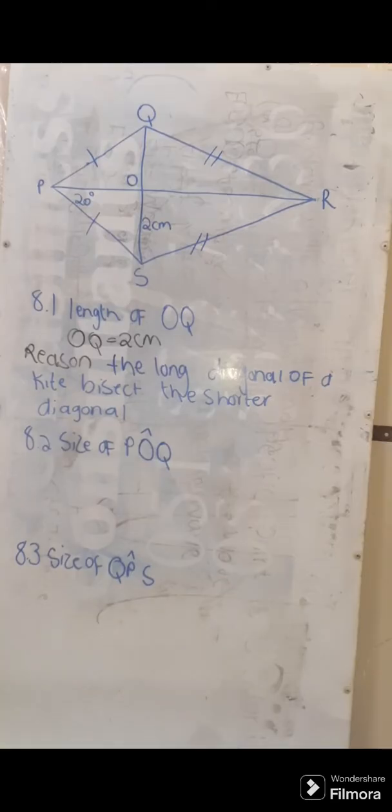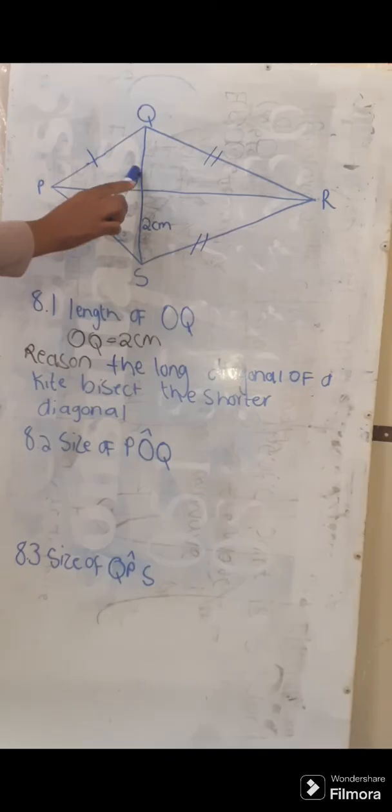So 8.2, we are asked to calculate the size of O. When you are given POQ, where there's a cap on top, you know that that is the angle that you are going to calculate. So that's what it means, grade 10. Can you see that this forms a 90 degrees here?